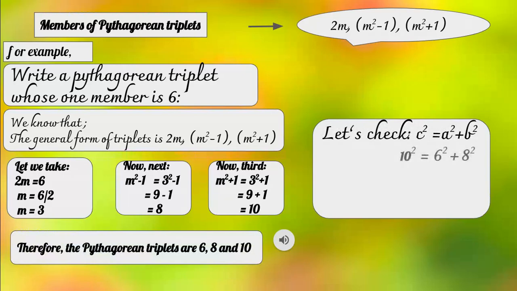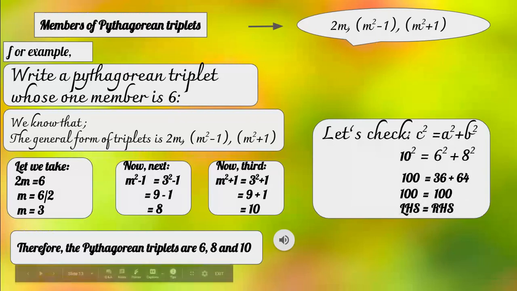So 10 square is equal to 6 square plus 8 square. 10 square is 100. 6 square is 36 plus 8 square is 64. So 36 plus 64 is 100. So we got 100 on both sides, isn't it? Yes, so LHS is equal to RHS. So we can say that 6, 8 and 10 are the three members of this Pythagorean triplet. Clear? Okay.